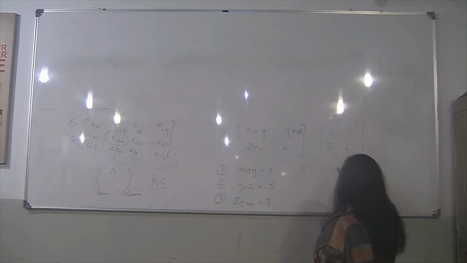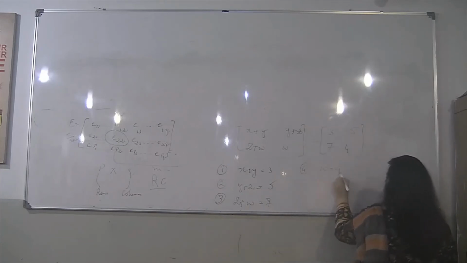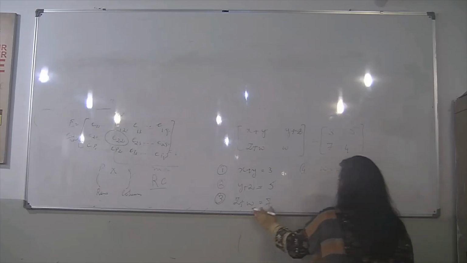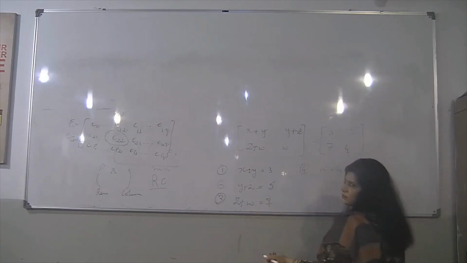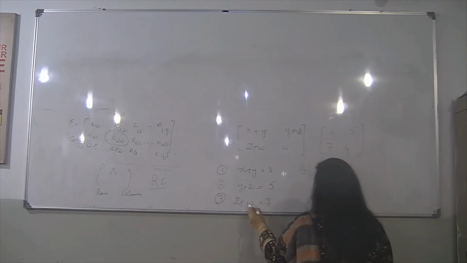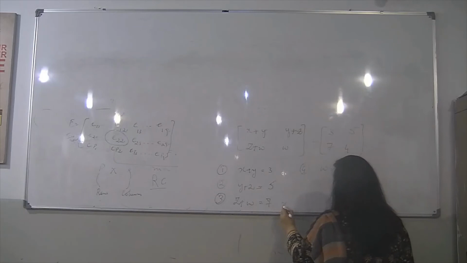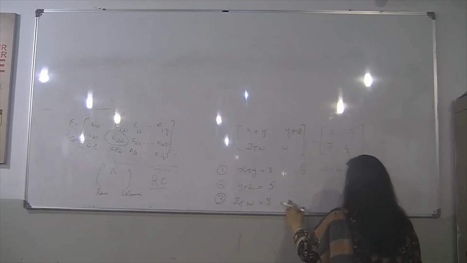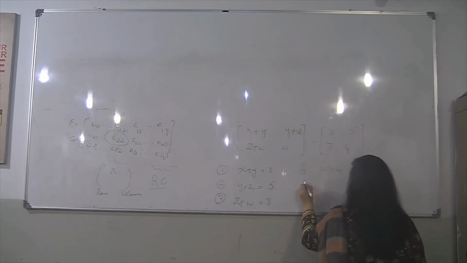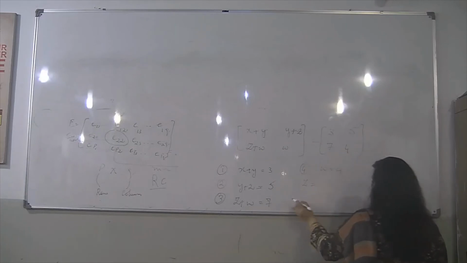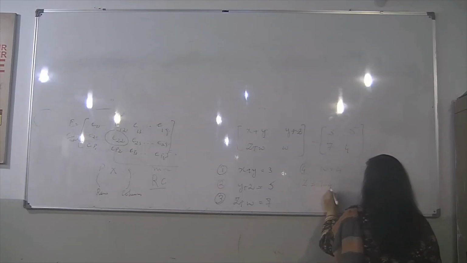So now, if you want to place this value in here, you can find out the value of z in this case. Since w is 4, z would be 7 minus 4, and that would be 3.